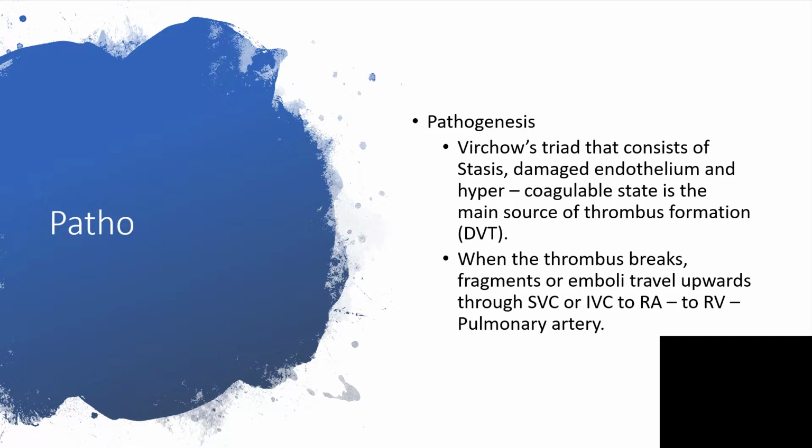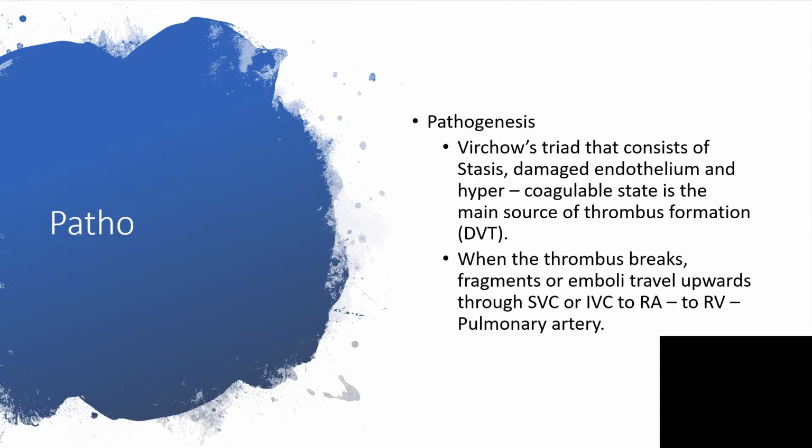When the thrombus breaks, fragments or emboli will travel upwards depending on whether it is distal DVT or proximal DVT. If it is distal, it will travel upwards through the inferior vena cava, and if it is proximal, it will travel down from the superior vena cava, either inferior or superior vena cava.